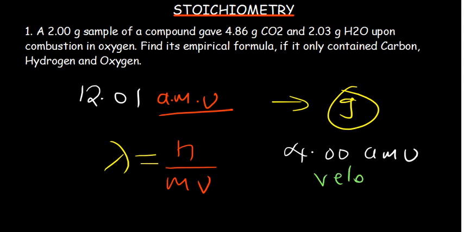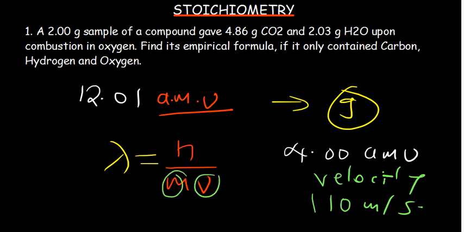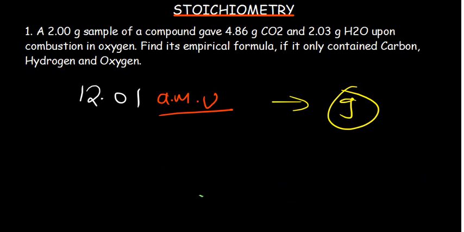Now the mistake that students make is they think, okay, I have my mass, I have the velocity, just plug it into the formula. That doesn't work. You need to convert the atomic mass units to kilograms. So how do you do that, ladies and gentlemen? When you look at an atomic mass unit, you need to understand that one atomic mass unit is a very small mass.